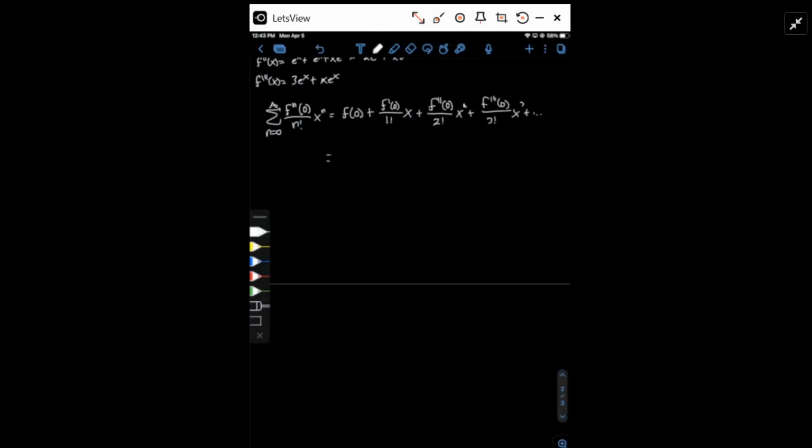Meaning, we have f evaluated at 0 is 0 times e to the 0.